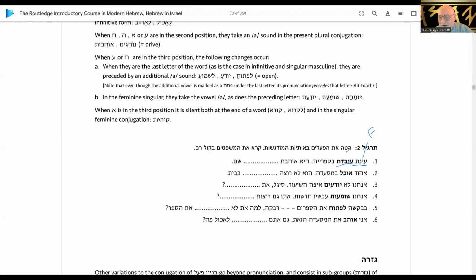Inat, and we know that's for sure because we've got the tav ending there. So Inat is, let's see, oveded is working basifria, in the library. He ohevet, okay, so she likes what? Basically this is the one we're working with right here. Ovedet, she likes working there. So basically we've got to come up with the feminine singular.